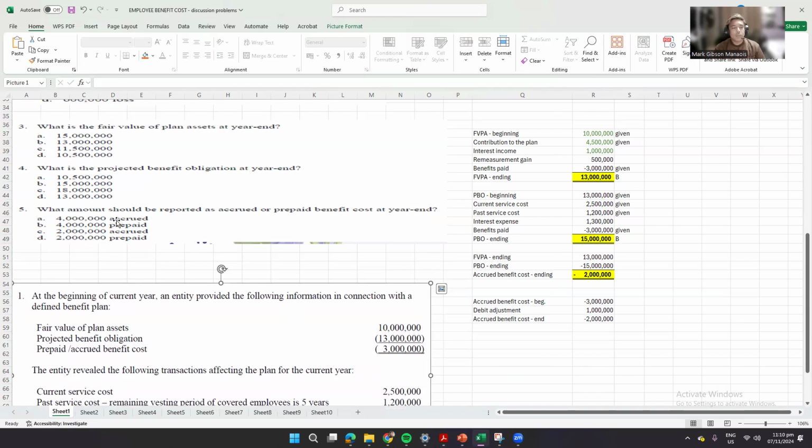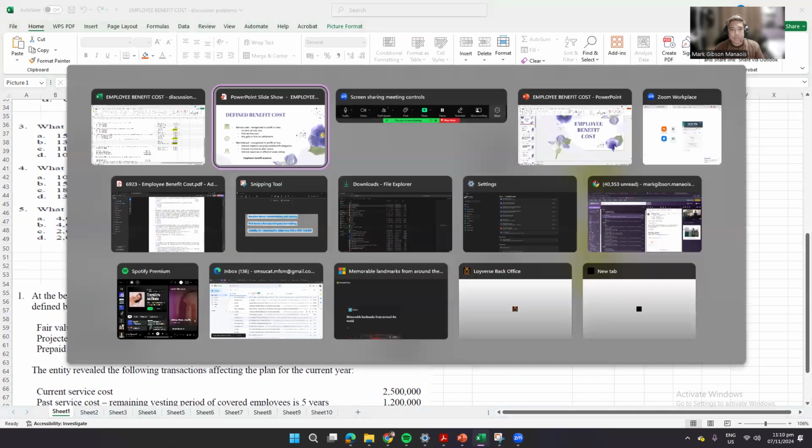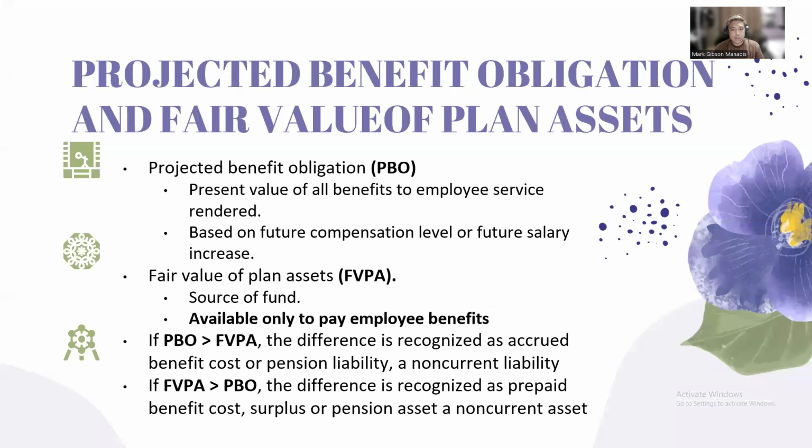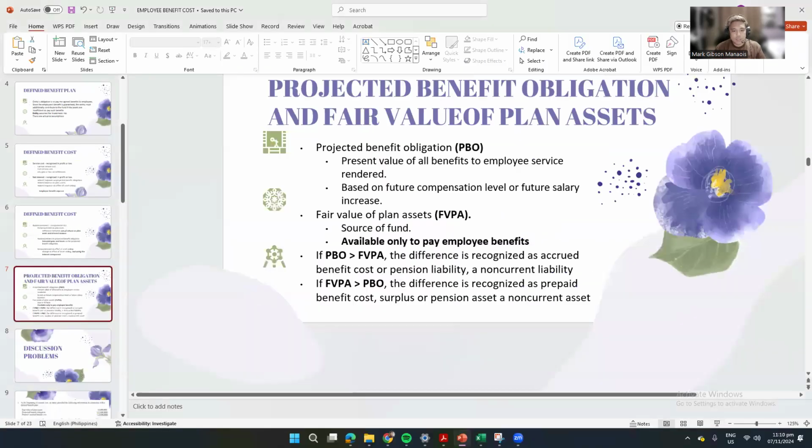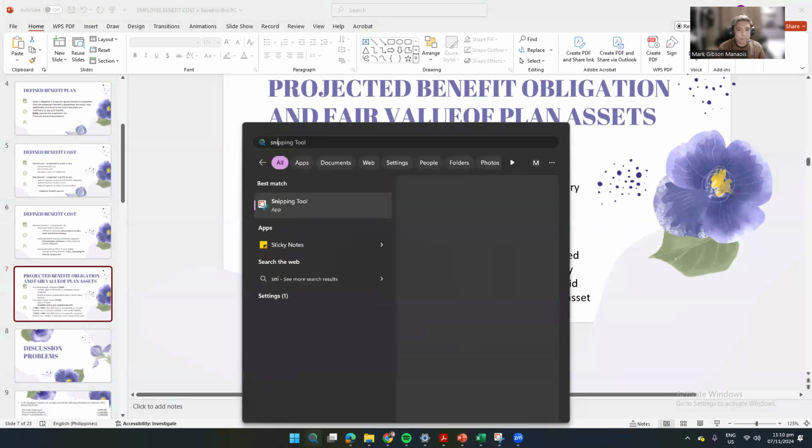Tingnan natin ngayon yung what amount should be reported as accrued or prepaid costs at year end. No? So, di ba class, kanina napag-usapan natin, balikan natin yung theory, para at least may guide lang. Kunin ko na lang to. Sniping tool.